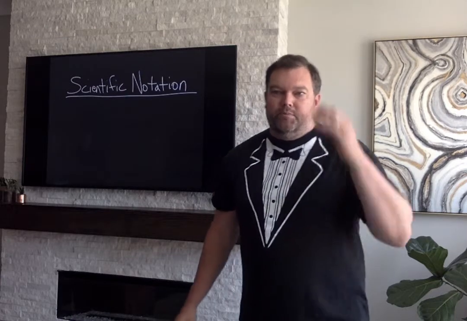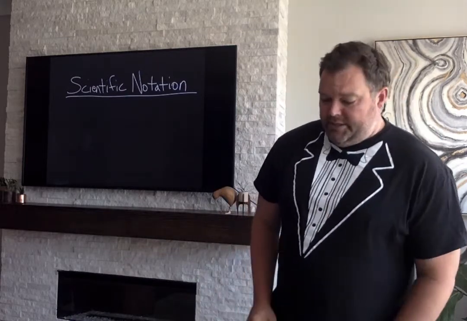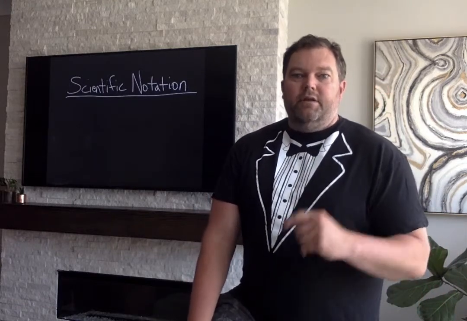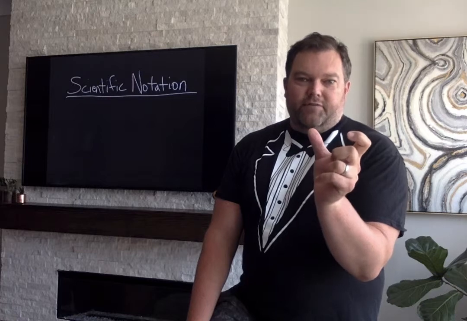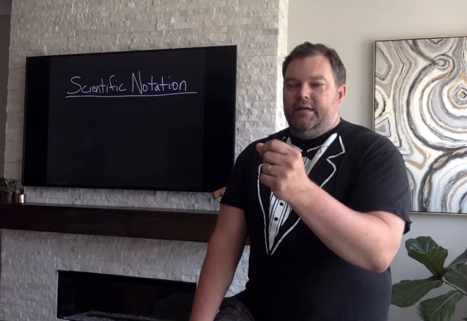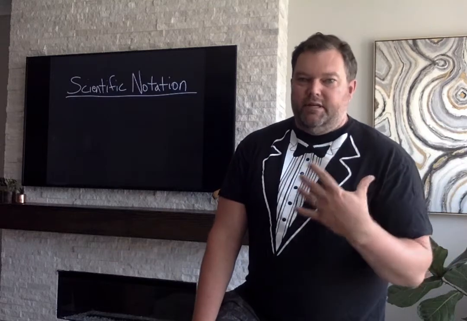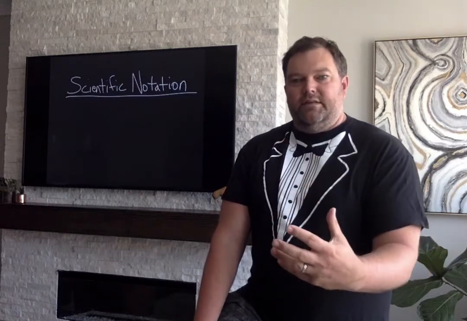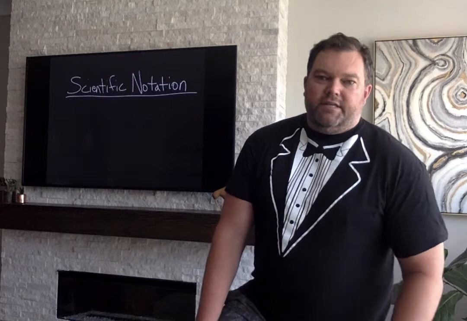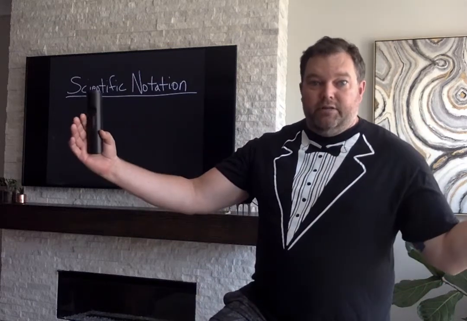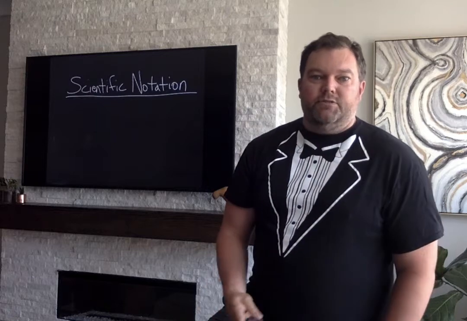An example would be if you ever hear somebody say a number like 37 million, it's faster to say 37 million than it would be to say 37,000,000. So that's why the word million even exists, so that we can say things faster. Scientific notation is the same for writing. It's a way of writing a really long number in a condensed space.